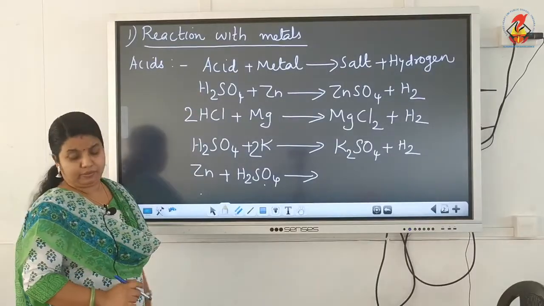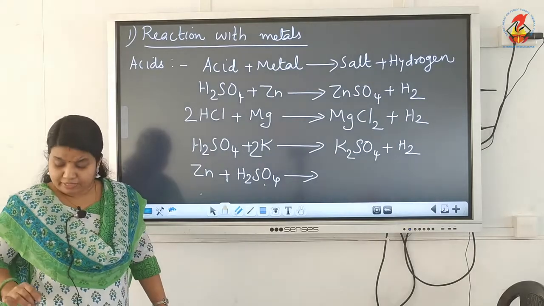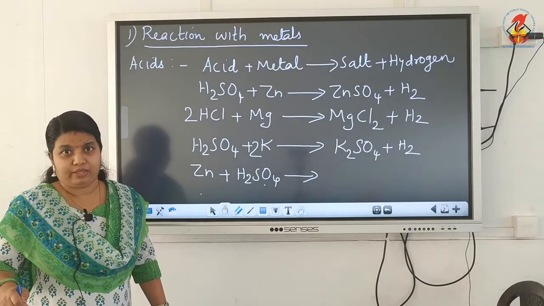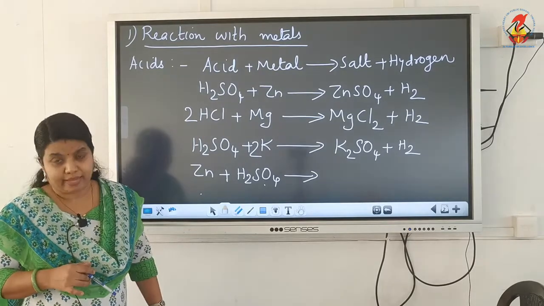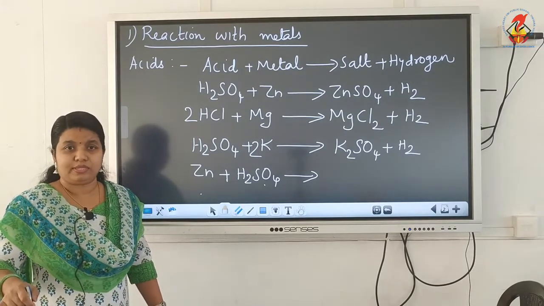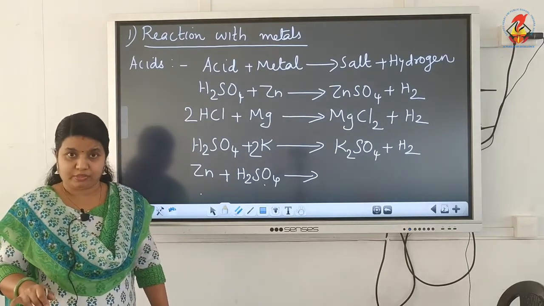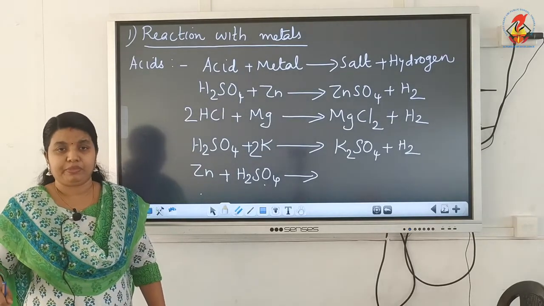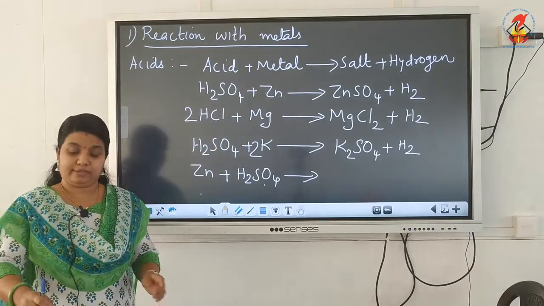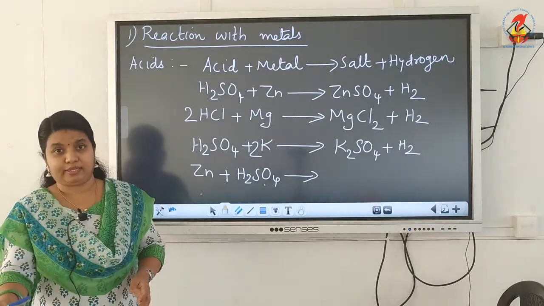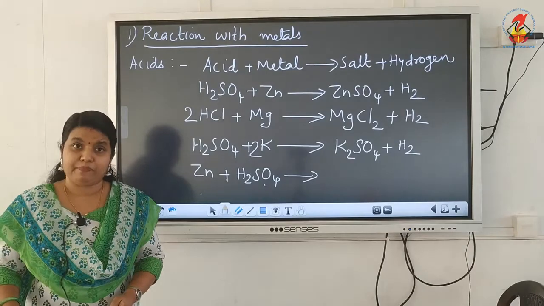That reaction is explained with the help of an activity. The evolution of hydrogen gas is shown there, and how the hydrogen gas evolved is tested with a burning candle is also shown there. So this is a previous board question. Learn that activity from the textbook, and also the diagram. Reaction between zinc granules and sulfuric acid resulting in the evolution of hydrogen gas, and finally how hydrogen gas is tested. Important question, and you learn it from your textbook.